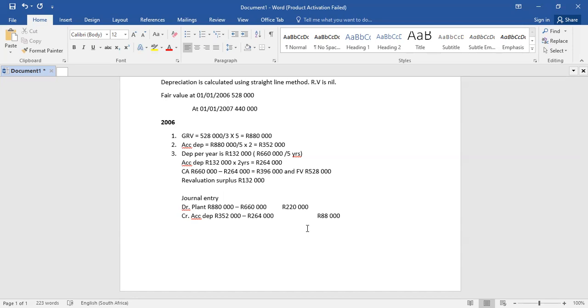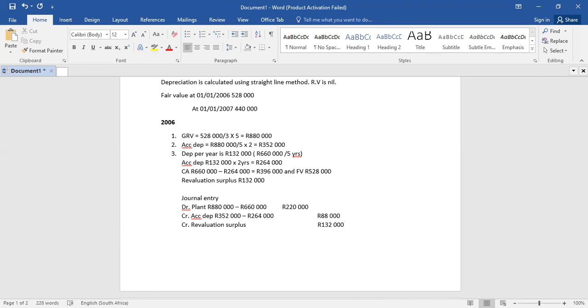Revaluation surplus. So if you are doing your journal entry, you have to make sure. Sometimes it happens that it doesn't balance, and I don't know what you have done. But in this activity, you will balance on the credit side, where you have to indicate the revaluation surplus you have already calculated. What is your revaluation surplus? 132,000. We put it on this credit side to say, okay, I have a revaluation surplus of 132,000.